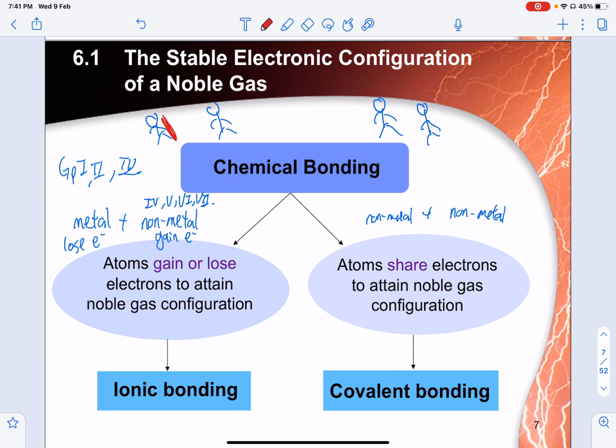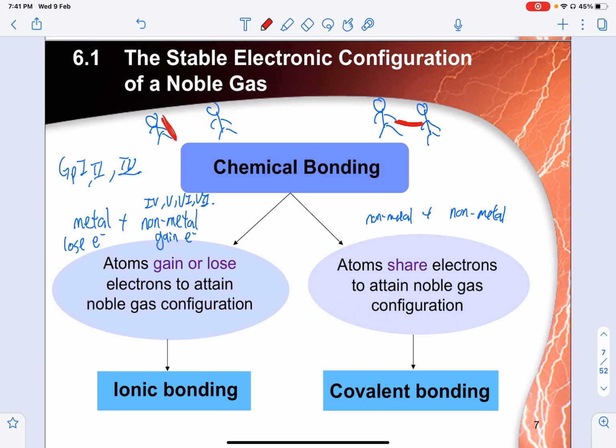However, when we talk about sharing, at all times there will be some form of touching or sharing of the red stick together from two different persons. So that is generally how it's differentiated, where the red stick represents the electron, and the person represents the atom. Now, when will it be ionic bonding, and when will it be covalent bonding?